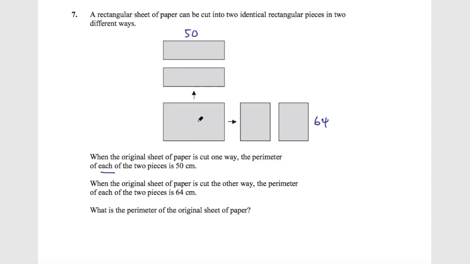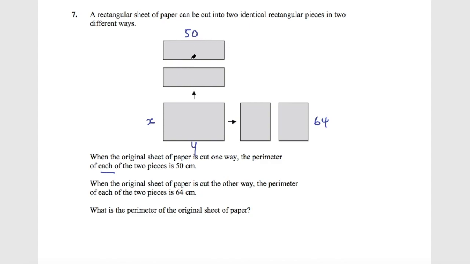Okay, so let's look at this original sheet of paper, and let's call this length x and this length y. And what we're actually going to have to produce here is a set of simultaneous equations. So because we're given two values. So if this is x and this is y, what would the perimeter of this shape be? Pause the video for a sec, see if you can figure it out.